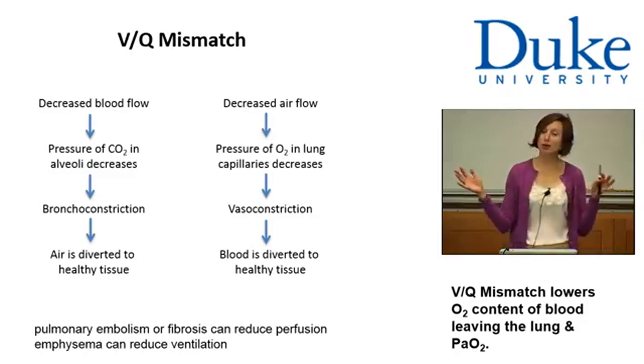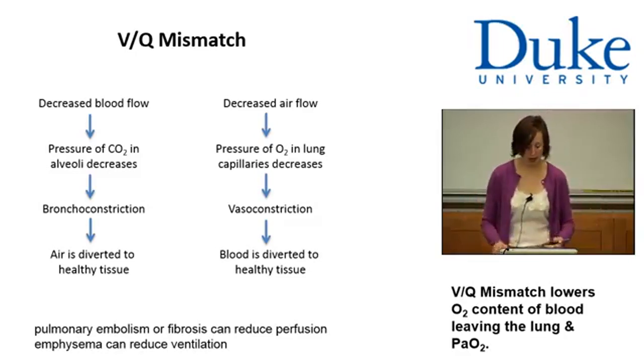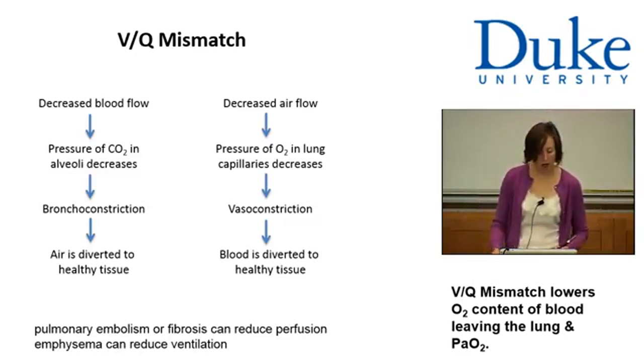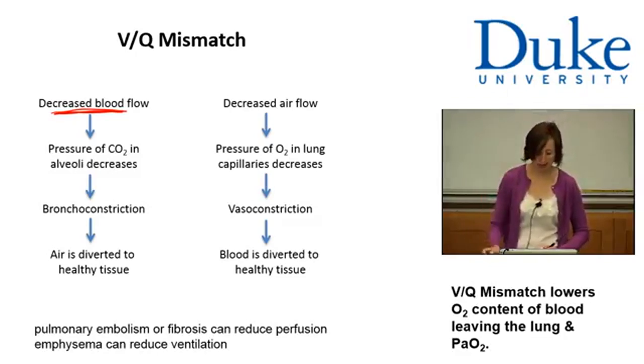Now, there are also many disease processes that can affect VQ mismatch even more dramatically, and that's what this talks about. For instance, we could have decreased blood flow. It could be because we have a blood clot or an air bubble in a blood vessel that's leading to a portion of the lung.